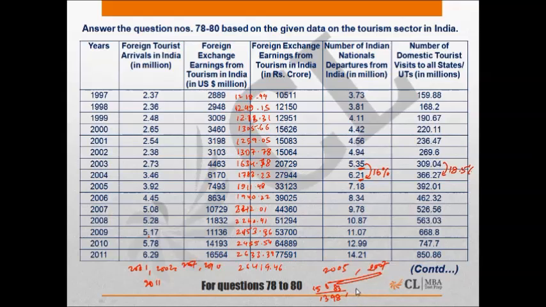For 2002 the same figure is 15,064 upon 3,103. For year 2007 the figure is 44,360 upon 10,792. For year 2010 the figure is 64,889 upon 14,193, and for year 2011 it is 77,591 upon 16,564.